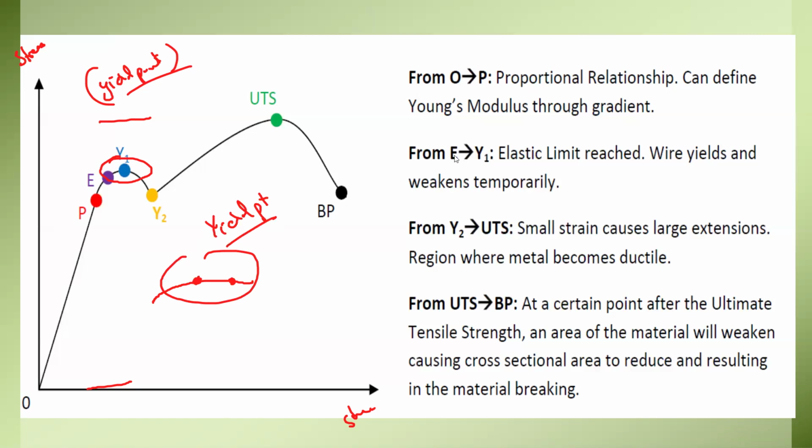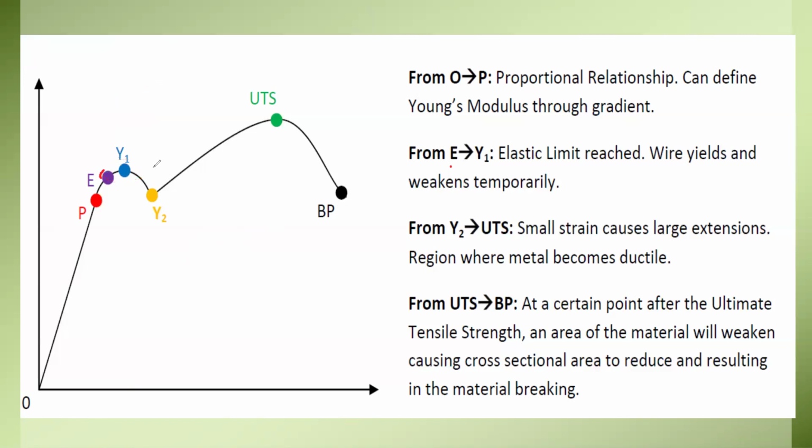So what happened from E1 to Y1? The elastic limit has been reached and the wire yields and is weakened temporarily. This is about the graph of the wire. There is the intermolecular force, the metallic bond.